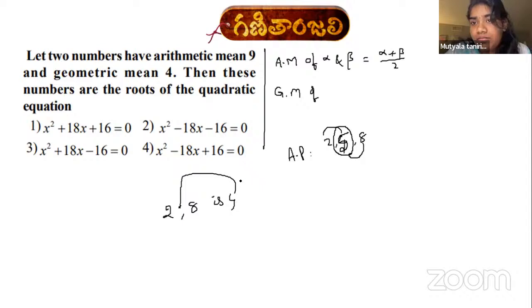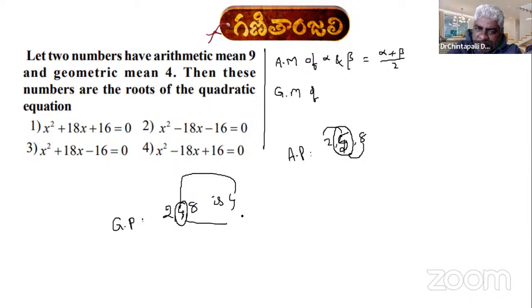Now, if we insert 4 between these 2 numbers, 2, 4, 8, right? Yes, sir. 2 times 2 is? 4, sir. 4 times 2 is? 8. That is called geometric progression. Geometric means multiplying. And what is GM here? GM of 2 and 8 is 4.